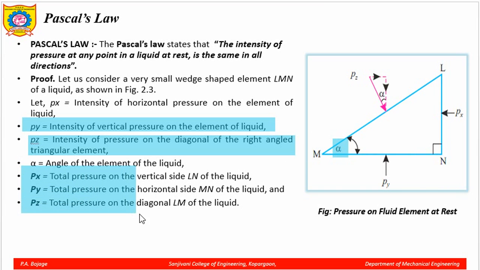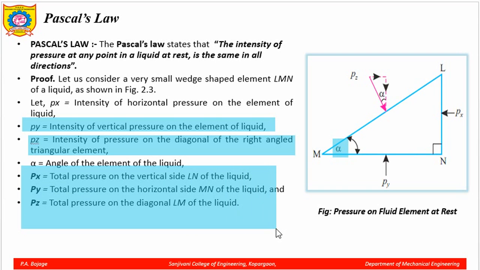Now, capital P suffix x is the total pressure on the vertical side Lm, whereas Py the total pressure on the horizontal side Mn, and Pz is the total pressure on the diagonal Ln element of the liquid.